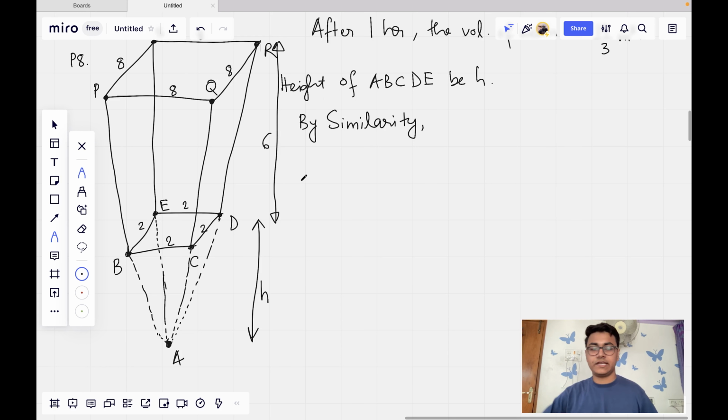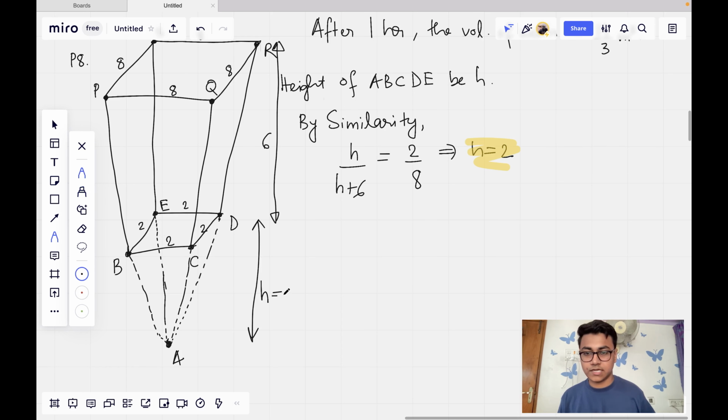So by similarity, H over H plus 6 is equal to 2 over 8. This gives us H is equal to 2.